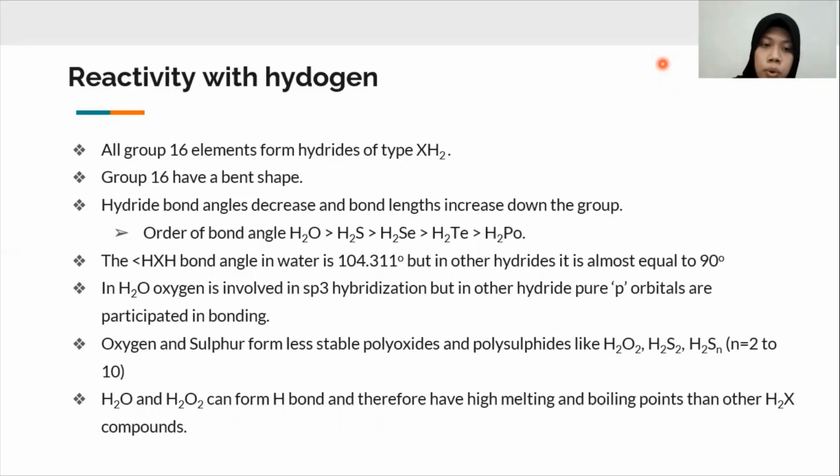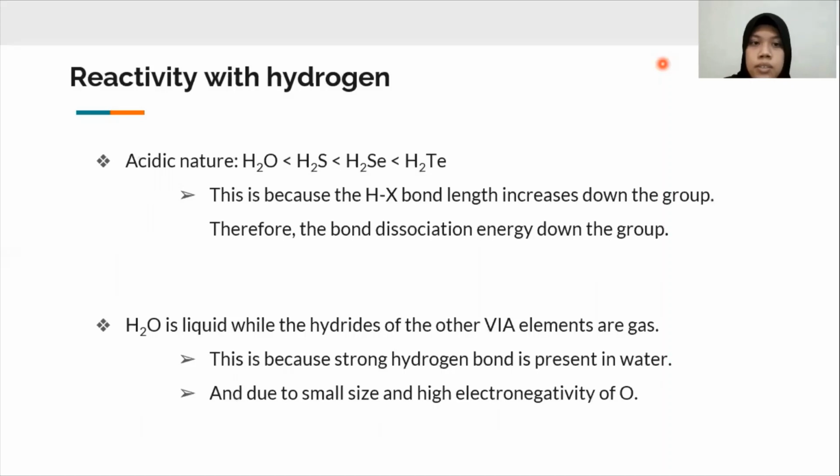So H2O and H2O2 can form hydrogen bonding and therefore have higher melting and boiling points than other H2S compounds. For the reaction with hydrogen, the acidic nature from H2O to H2Te increases.